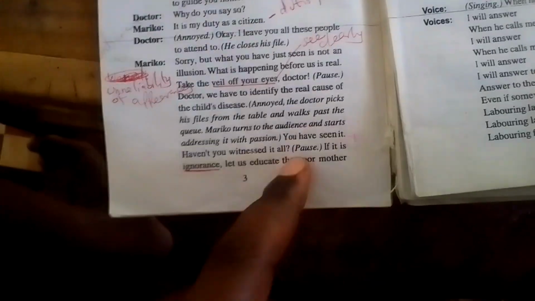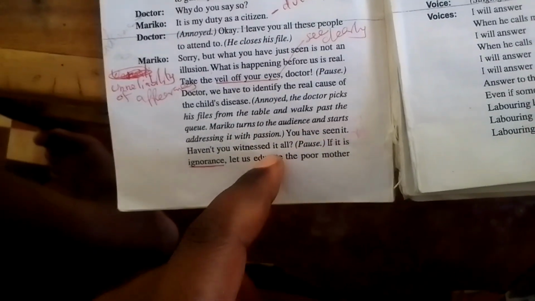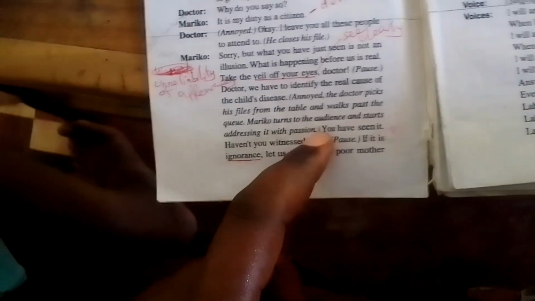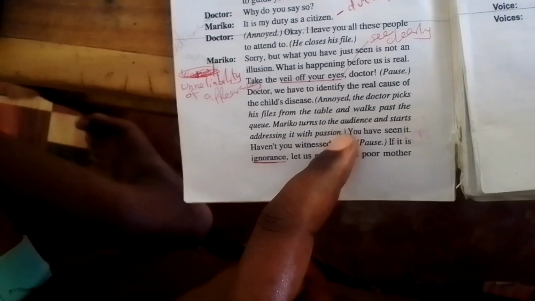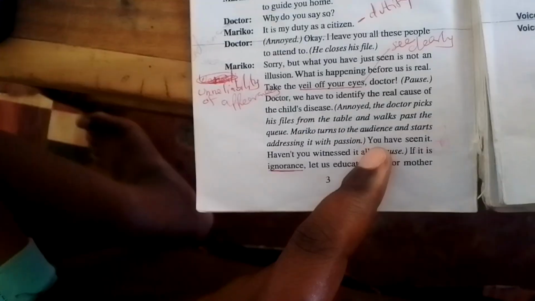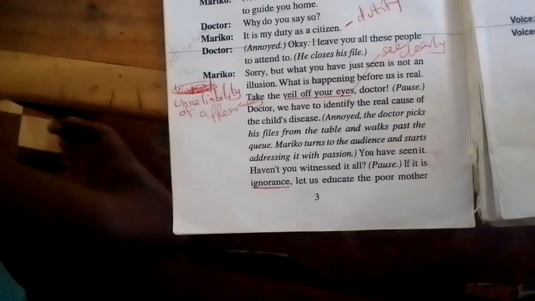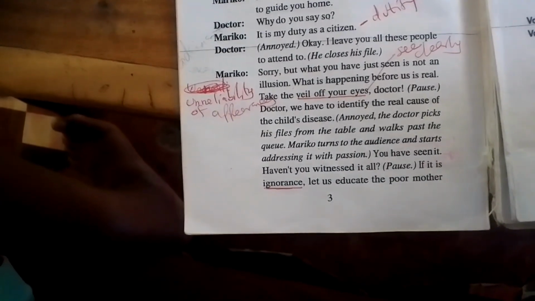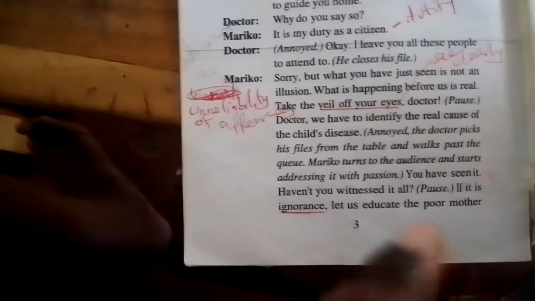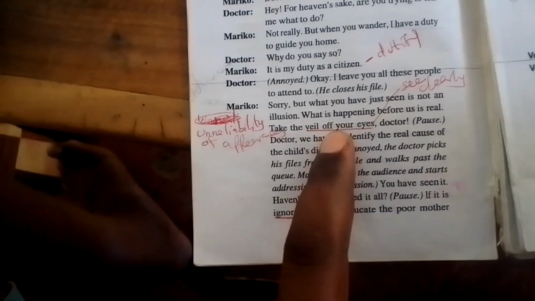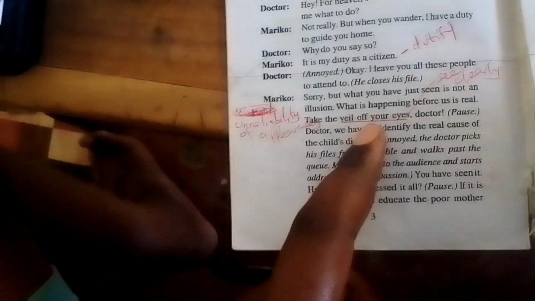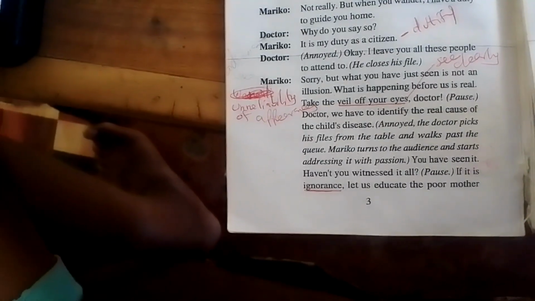I've seen it here. It says, haven't you witnessed it all? So that is a rhetorical question. It is used to provoke thought and to challenge the audience. And then there is imagery, where this person says, take the veil off your eyes. That means to stop being blind. Of course, that is imagery.